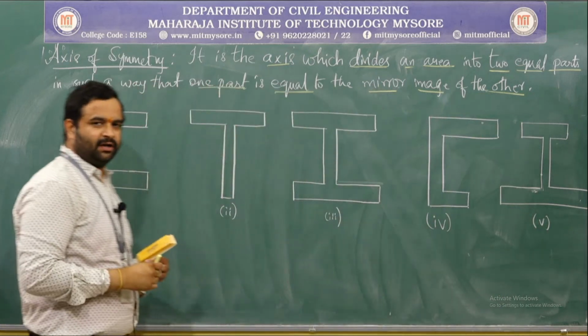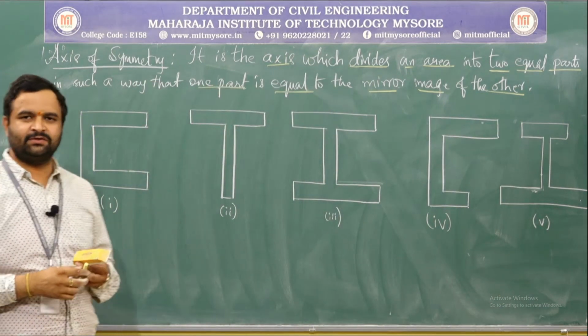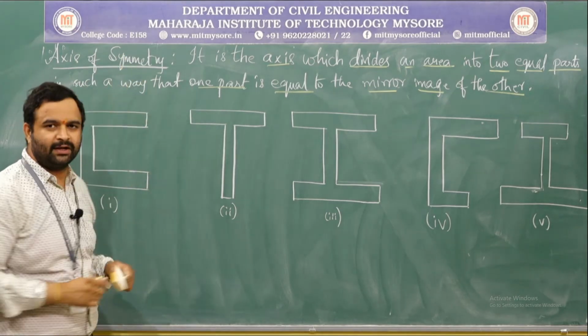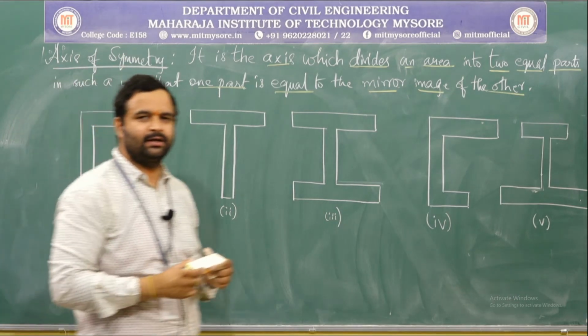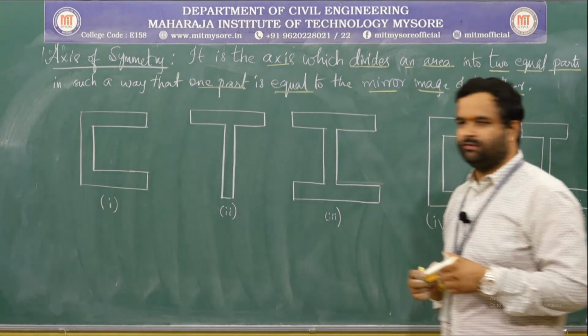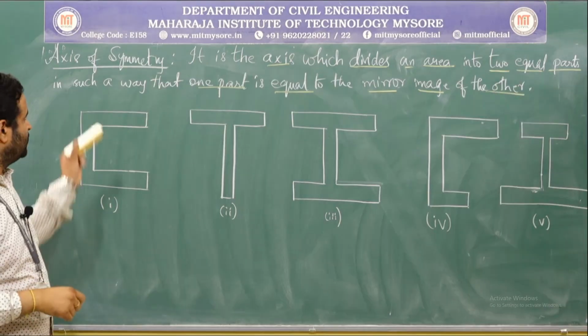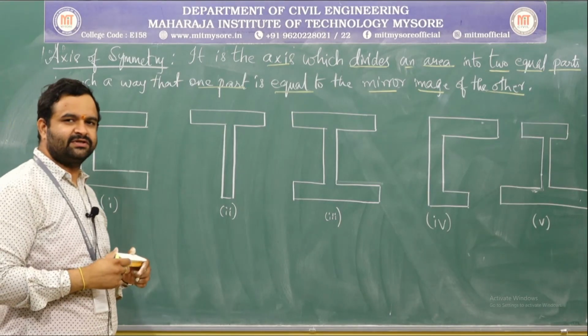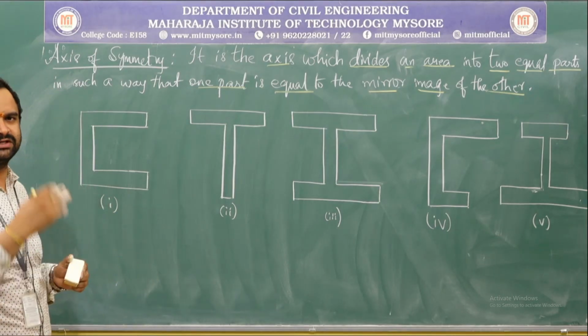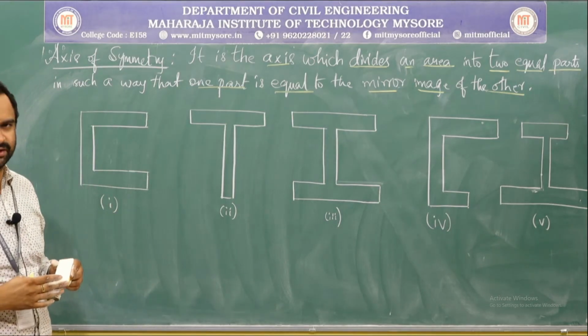So, now if I take these 5 figures as an example to explain about the axis of symmetry, it will be very beneficial to you with the help of the figures. It is nothing but the axis which divides the area into 2 equal parts in such a way that one part is equal to the mirror image of the other.